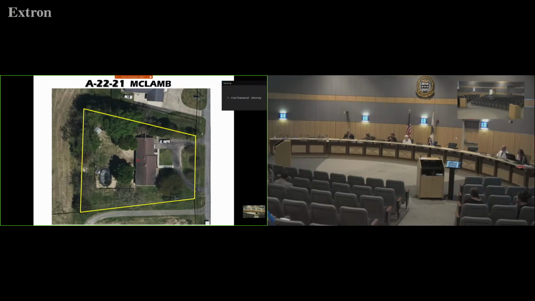So his front property line is close to what you're seeing on the screen. So his front porch is about 72.5 feet from the front property line, and that's finding the marker and measuring it back. They do not have a survey of this property, so that was the best we could work with, is finding the survey marker and measuring from there, but the front property line is not the road.